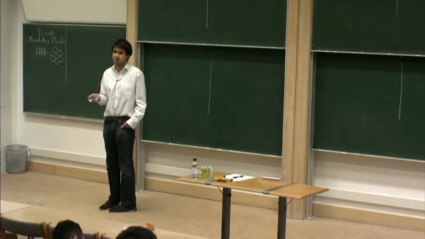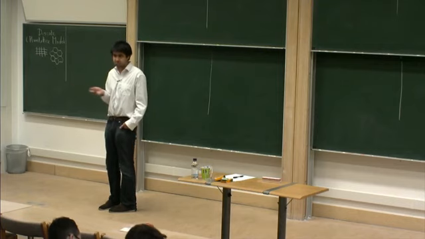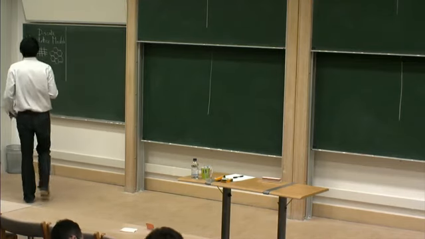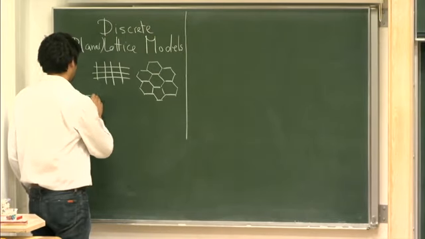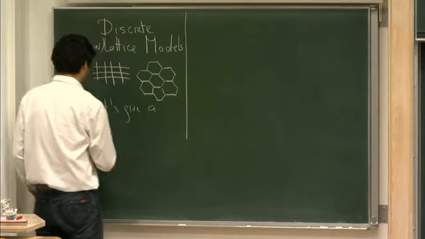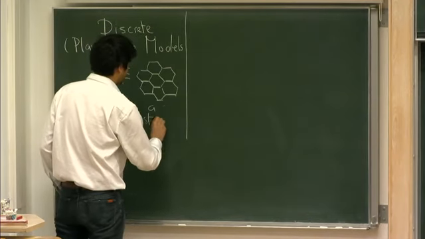One is percolation and the other is the Ising model, and we are going to prove some results about these models. That's the plan. So let's give a small list of lattice models.